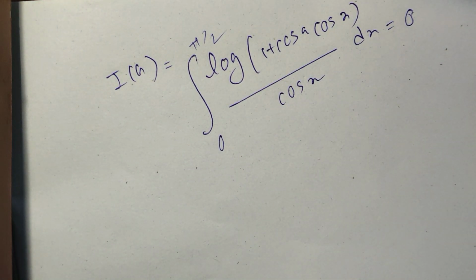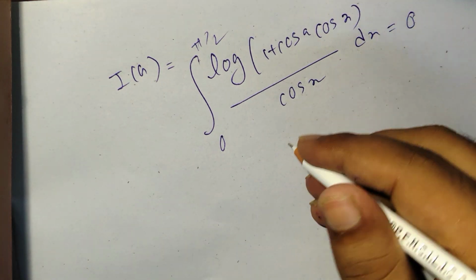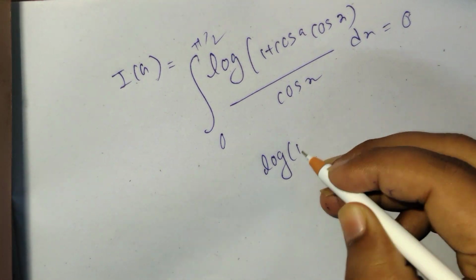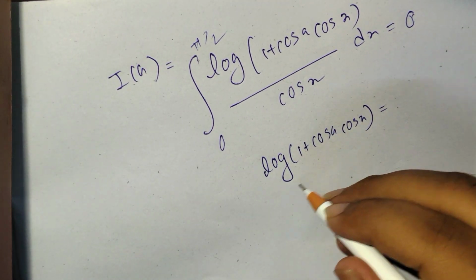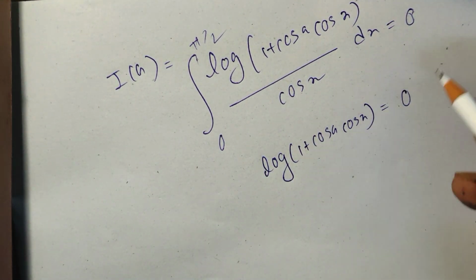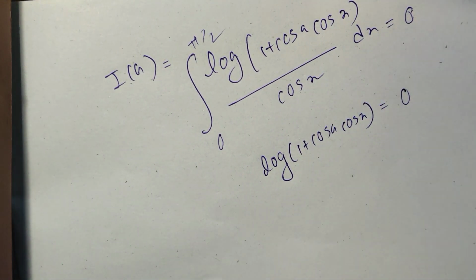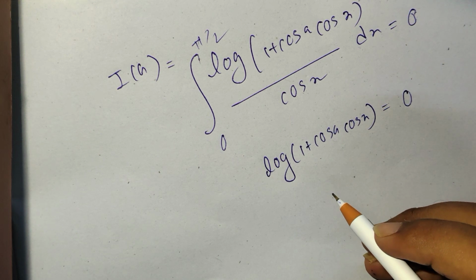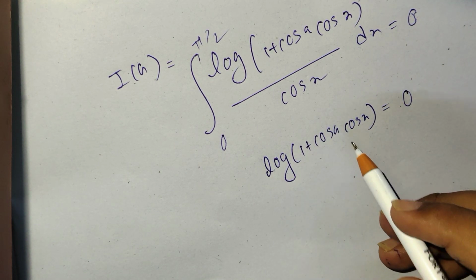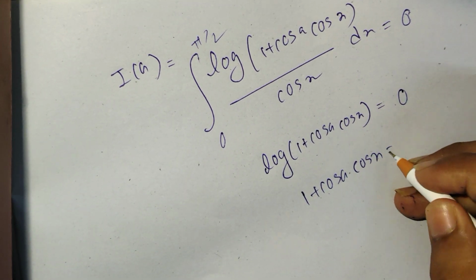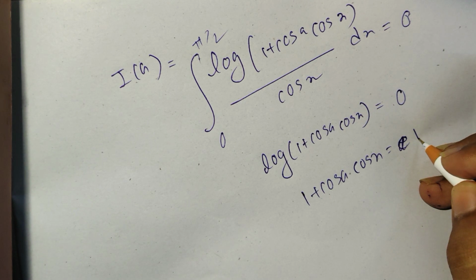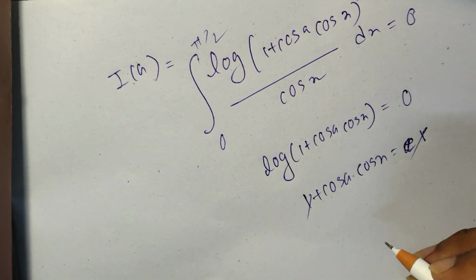So the integration will not be like existing, so we can say like log of 1 plus cos a into cos x is equals to 0, because we are also multiplying cos x at both sides, because 1 by cos x, I mean cos x will not be 0, whatever it is, doesn't matter. Actually you can understand, right? So basically you can see this is 1 plus cos a into cos x is equals to e to the power 0, which is 1. Now 1 will be cancelled out.